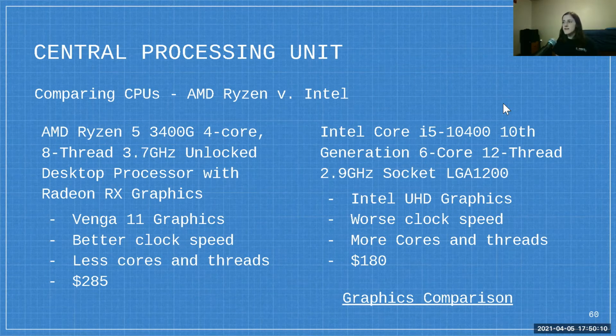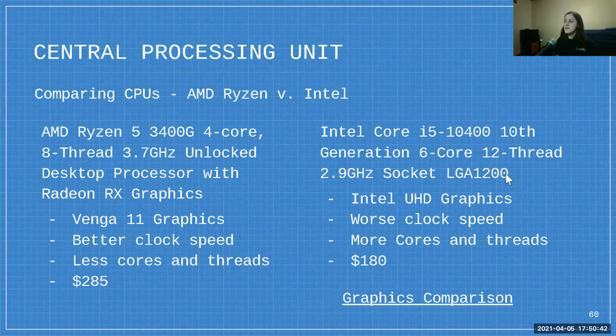It is a Ryzen 5 3400G 4-core 8-thread 3.7 gigahertz desktop processor with Radeon RX graphics. And then the thing that we're comparing it to is going to be the Intel Core i5 10400 10th generation 6-core 12-thread 2.9 gigahertz. And then this at the end, you don't have to worry about that. But these are the two things.